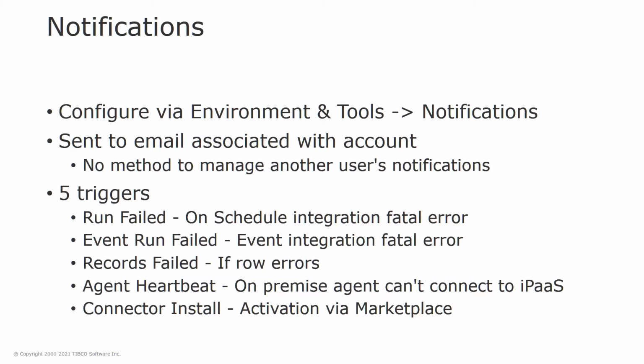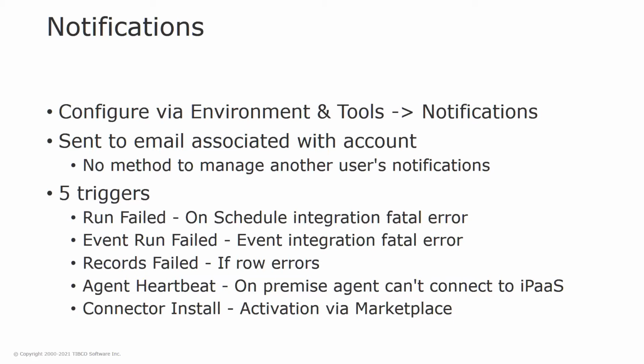The first one is probably one of the most important ones, and that's run if the run fails. And what does that mean? Well, that means that there is a fatal error that occurred when you had an on-schedule integration. And when we talk about TCI Connect, there are a couple types of integrations that we're talking about. We're talking about on-schedule integrations, and this also includes replication services.